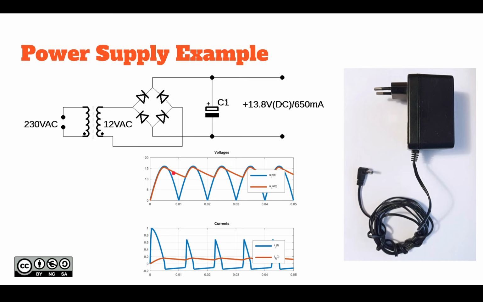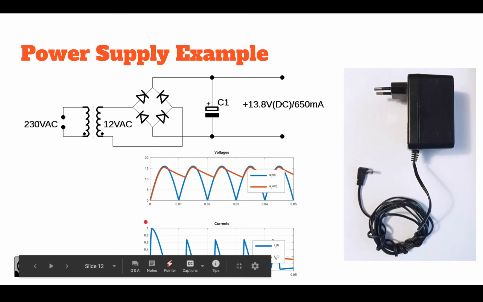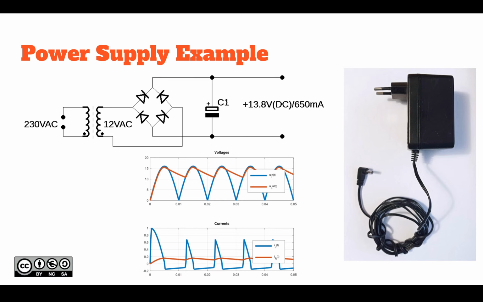And this would have an RMS output voltage of 13.8, if you have a capacitor big enough for that 650 milliamp current draw, and that's how the currents are flowing to and from the capacitor, blue, and the resistor.